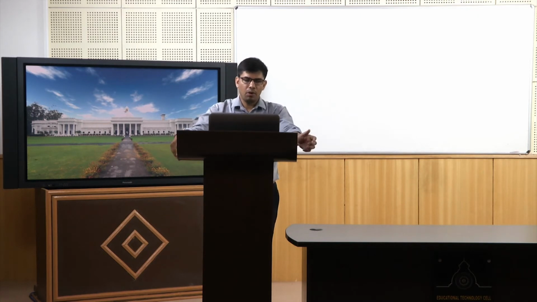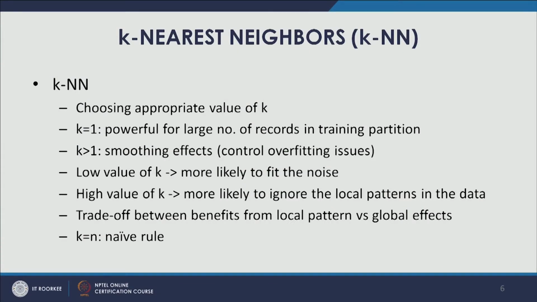When the value of K is 1, we might end up fitting to the noise. So if we have a larger value, then the smoothing effects will control some of the overfitting issues arising due to noise.